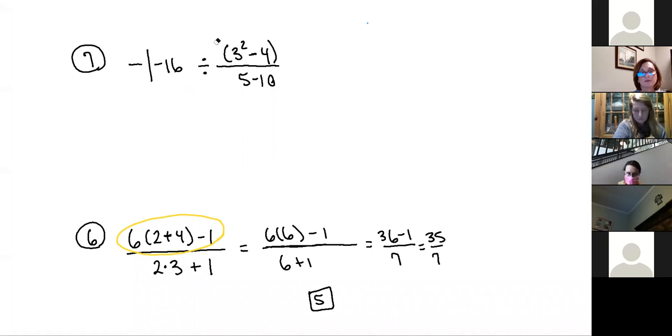Make that straighter there. So I have a negative sign outside an absolute value of negative 16. That should make that look more like a negative sign here. Okay. Divided by, and I've got this fraction here.